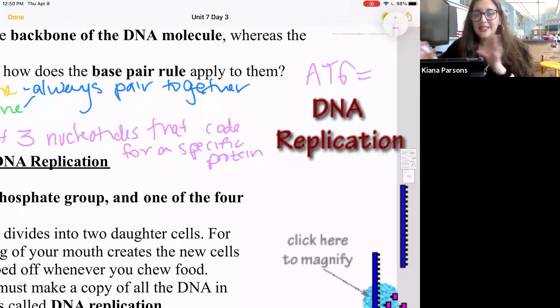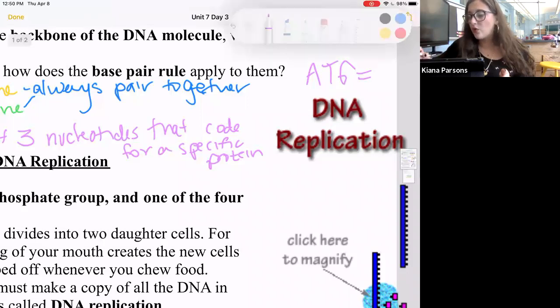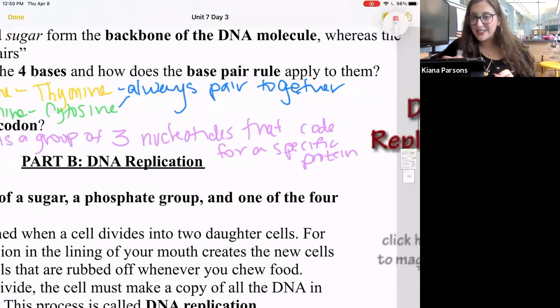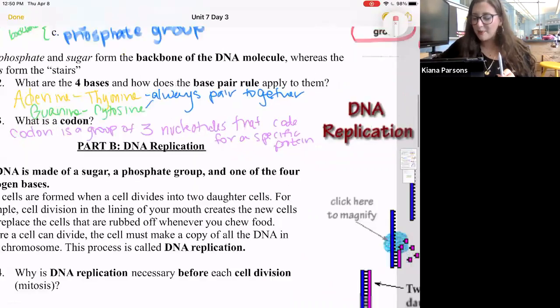Which amino acid does ATG code for? But once we use the universal codon chart, you are going to have another one of these letters, uracil, which is only present in RNA. So a little sneak preview that is going to be coming up.